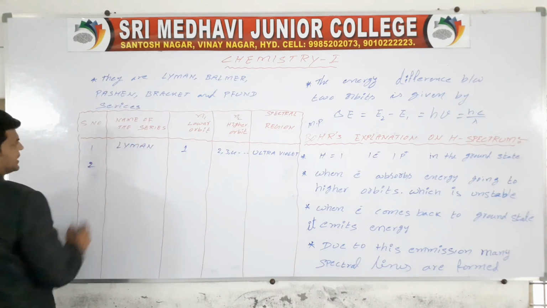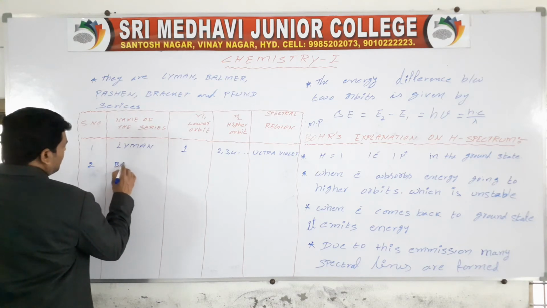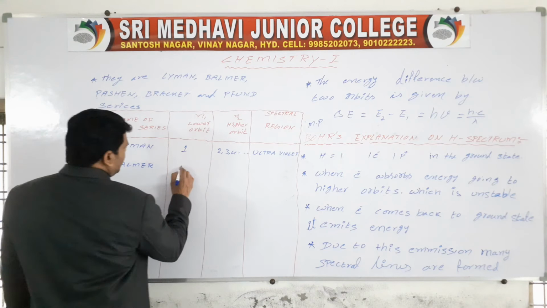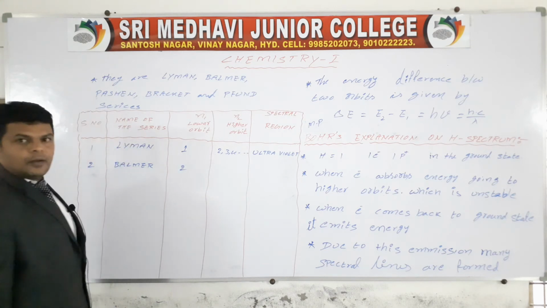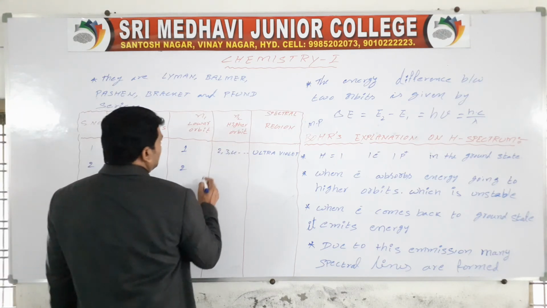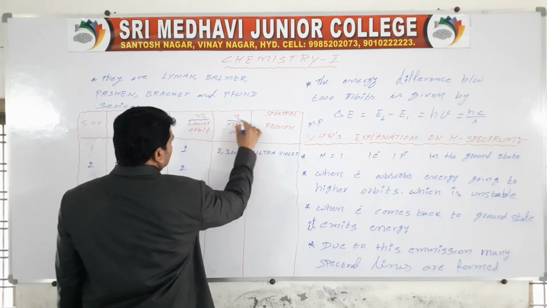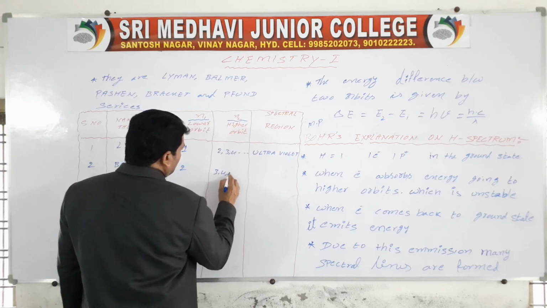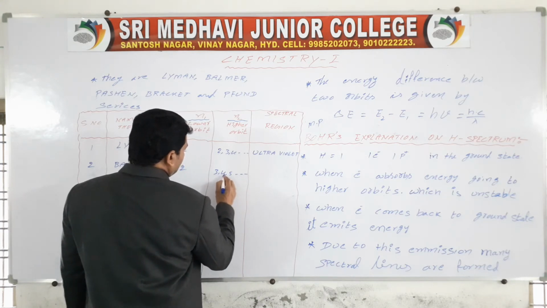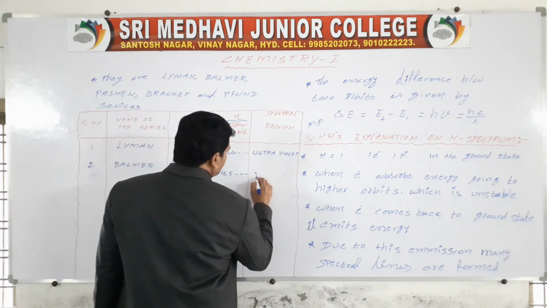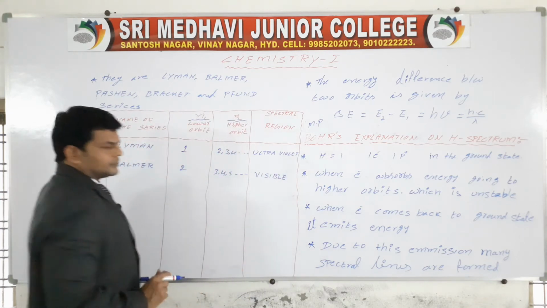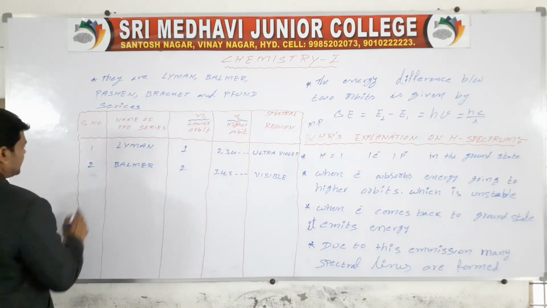Then the second one is Balmer. N1 value is 2 for Balmer. So N2 value is 3, 4, 5 and so on. It is a visible region.